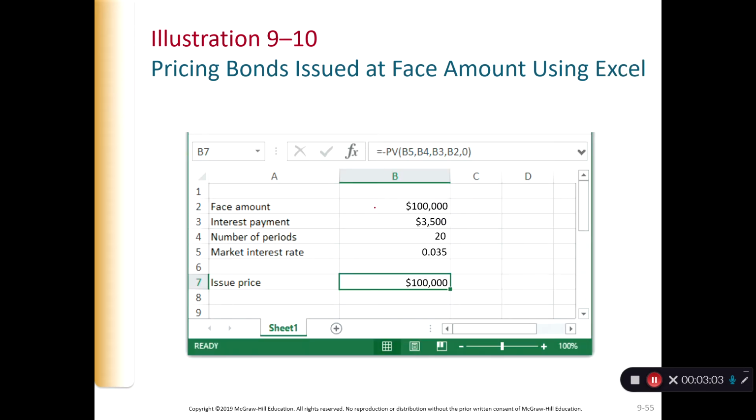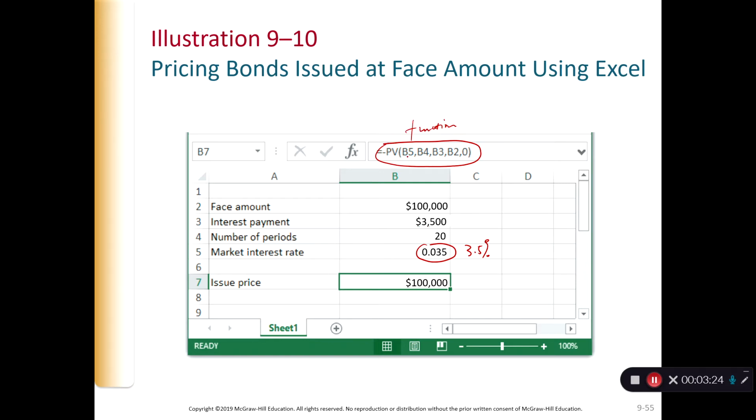If you're using Excel, similarly, you list the face value, interest payment, number of periods, and market interest rate. At this time, you need to write either 3.5% or 0.035, and then you use the PV function in Excel.